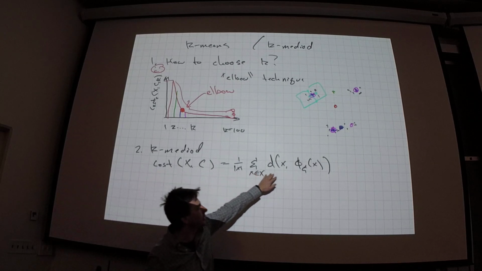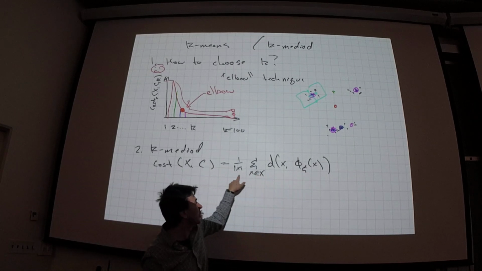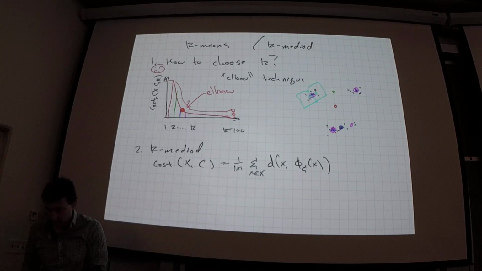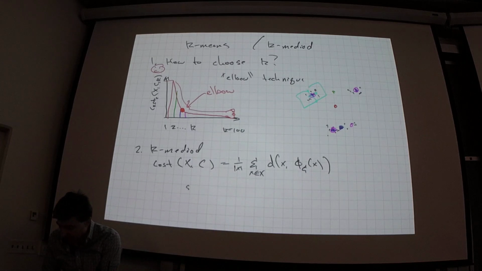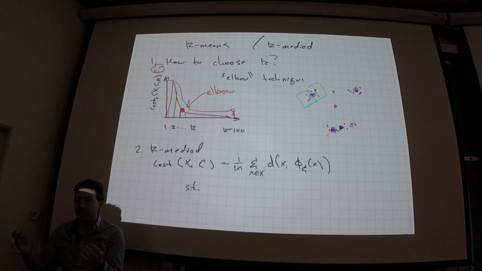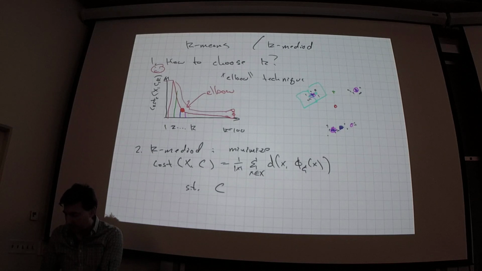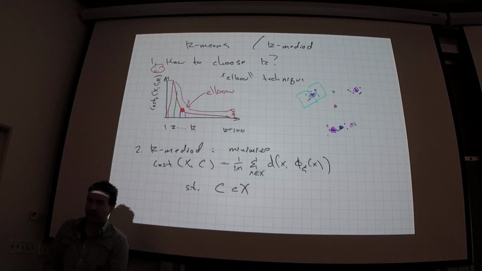I'm using the sum of the distances, maybe normalized, so it shows the average distance. So I want to minimize this, but such that C is a subset of X.